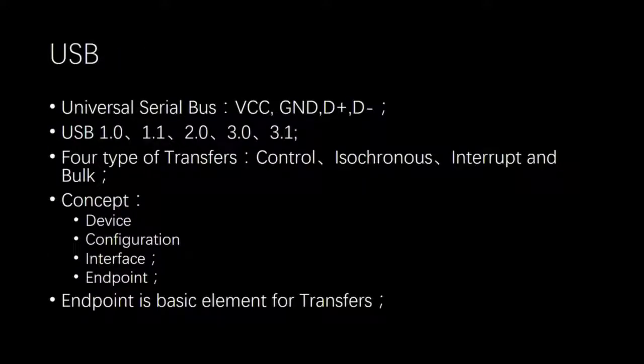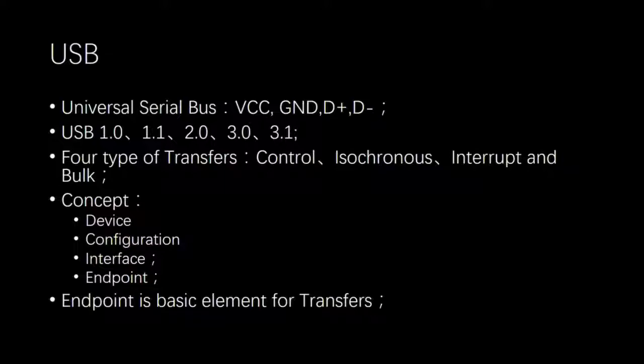So, USB is a standard. It's the most commonly used interface in the modern PC, even in your mobile devices, and it is called Universal Serial Bus. It currently has 5 versions: 1.0, 1.1, 2.0, 3.0 and 3.1.